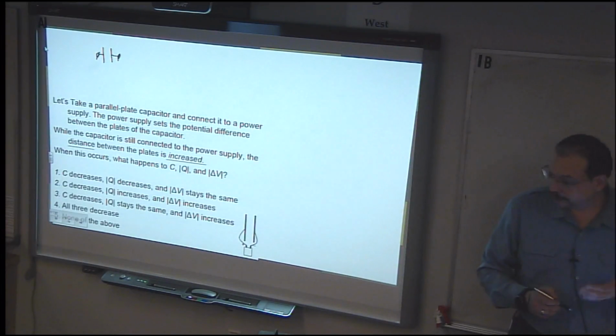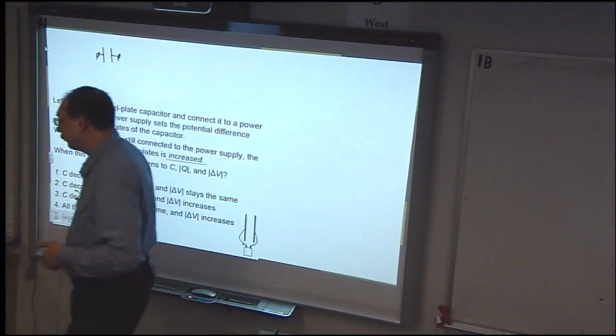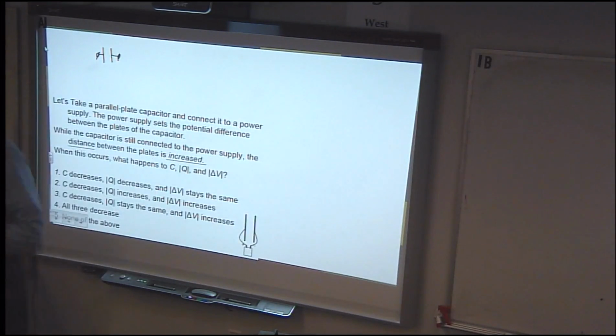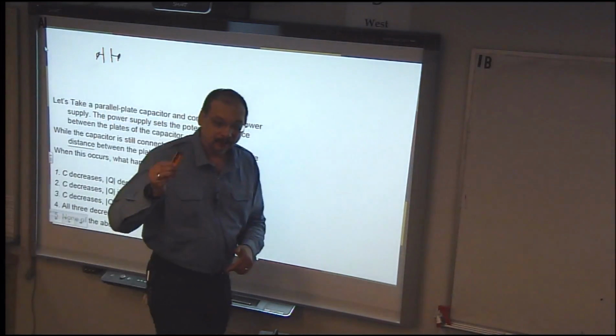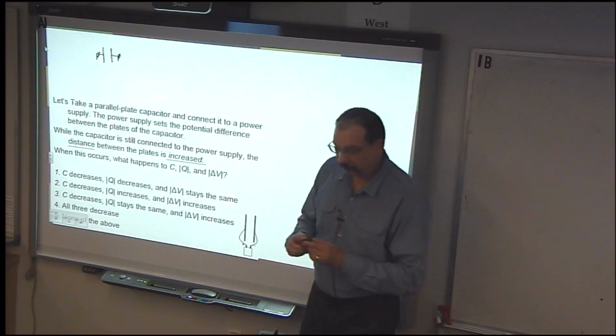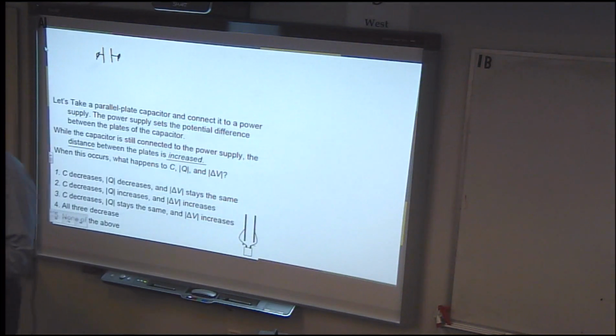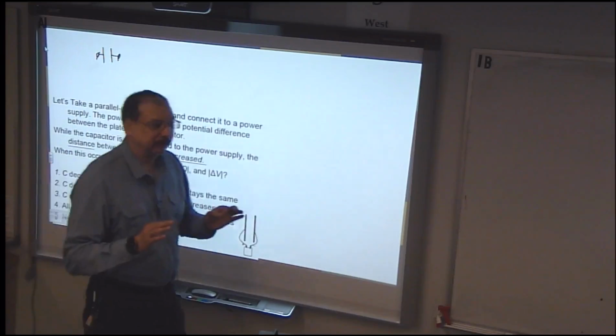And the power supply, normally just a regular battery, like this one. All we need to know about it: if it's a good battery, it keeps the potential difference between the electrodes equal to the number we read on it.